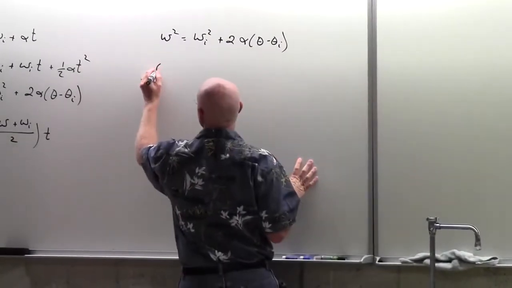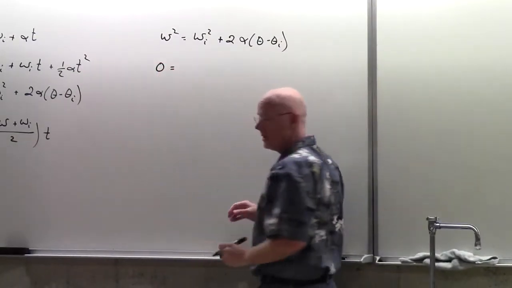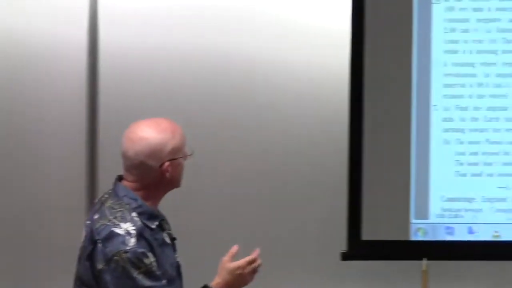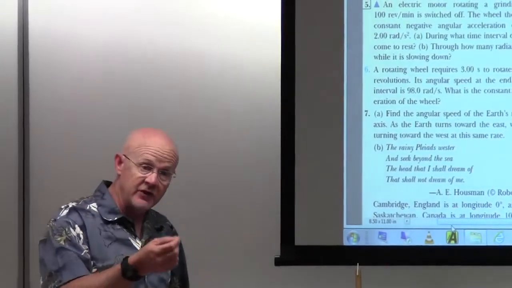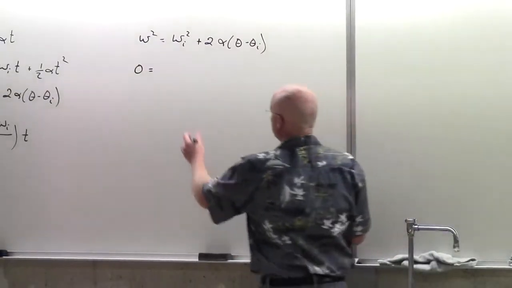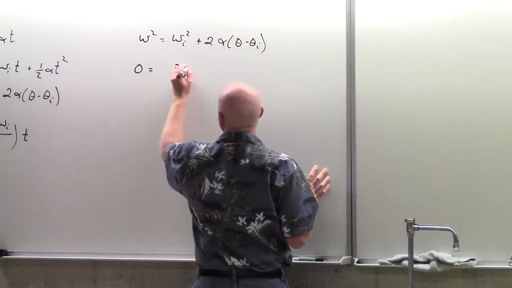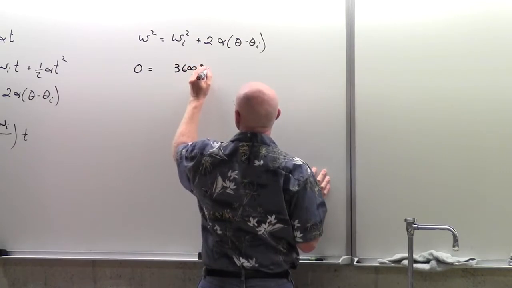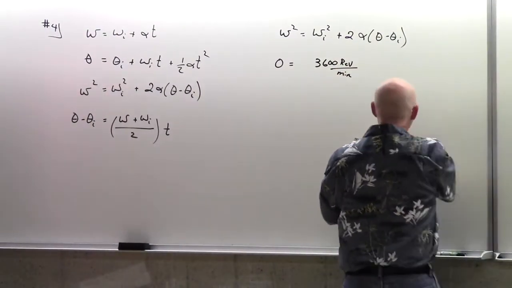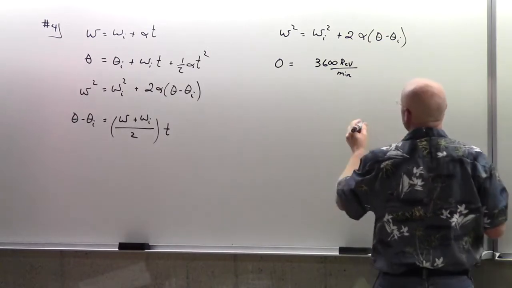And so looking at this, the first thing I would do is put in a 0 for the final speed, because we're looking for the acceleration when it goes through 50 revolutions and comes to a stop. Now the initial speed they have written down as 3,600 revolutions per minute. But I'm going to do some unit conversion.